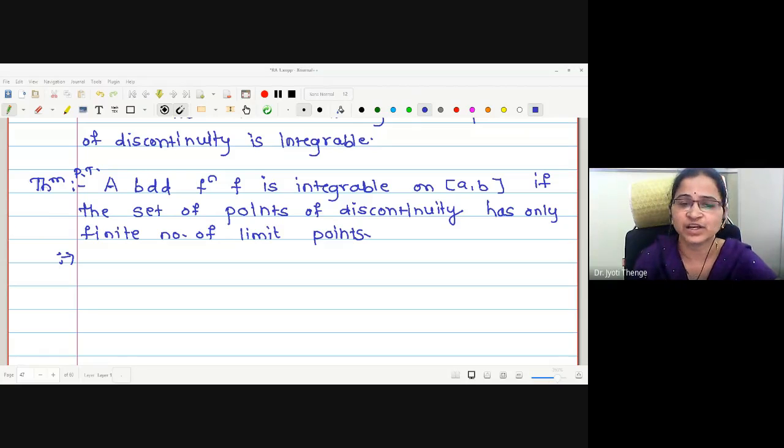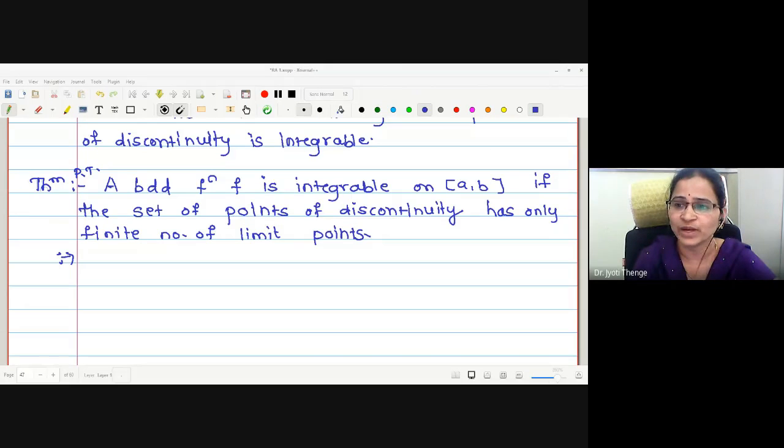Finite in number means the set of points of discontinuity has finite points only. If it has finite points, can you find the limit point? Can we find a limit point for a finite set is the question. Students, it is given that it has limit points.